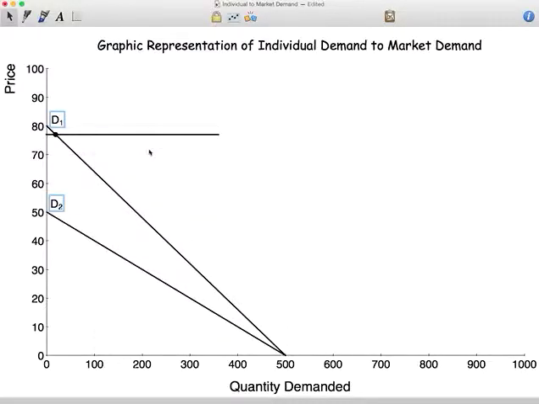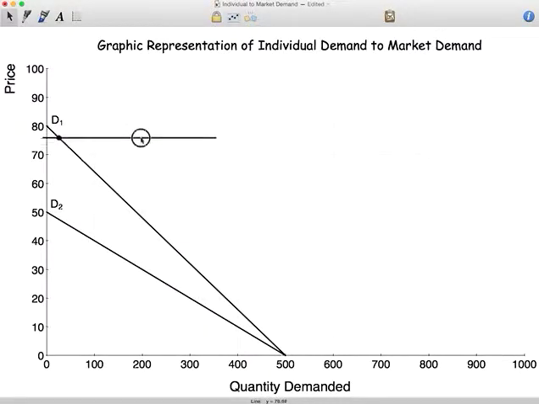If you take a look, for example, at any price above 50, the only demand curve that's pertinent to deriving the market demand curve is going to be D1.